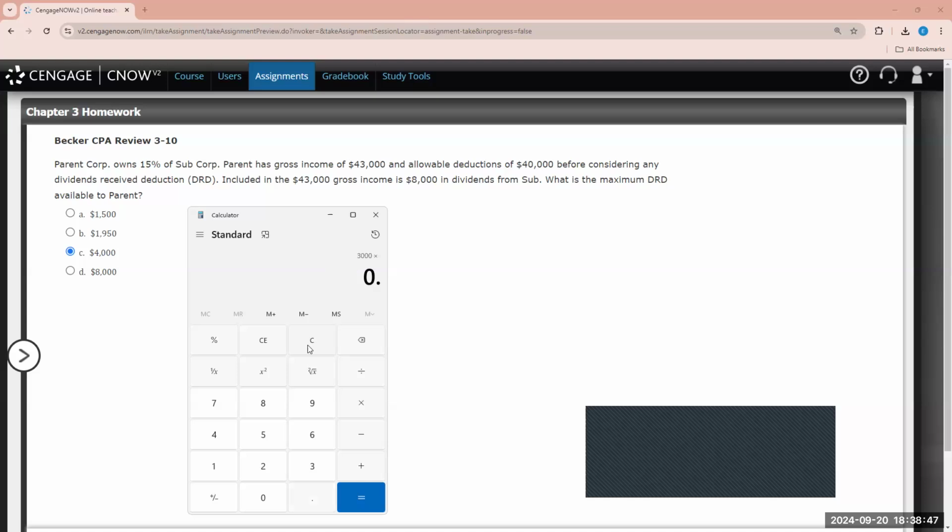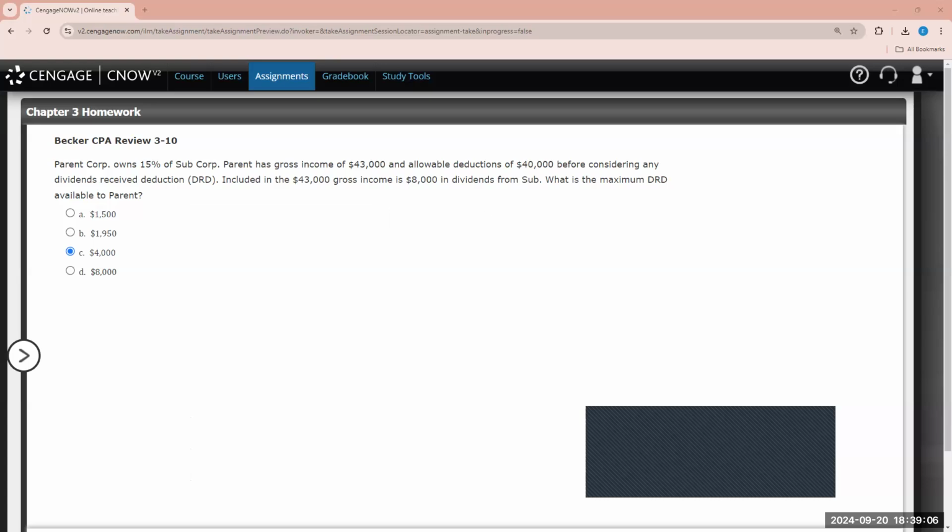We multiply this by 50%, and that would be 1,500. But again, because the taxable income is 3,000, and if we take 50% of our dividends, which is 8,000, multiplied by 50%, because it creates this net operating loss, we take the full amount.